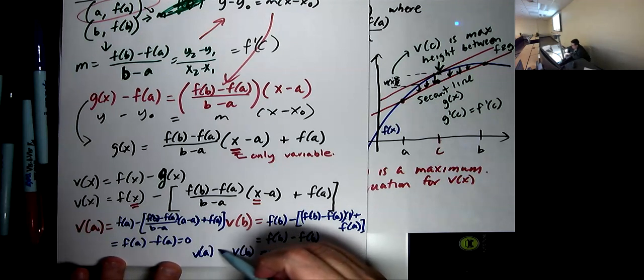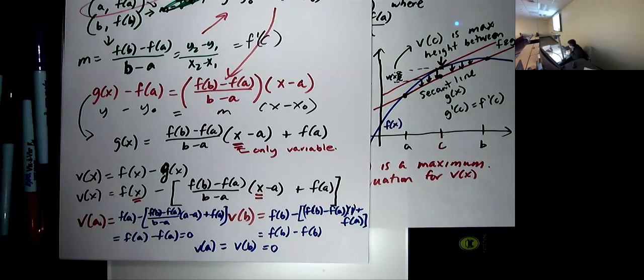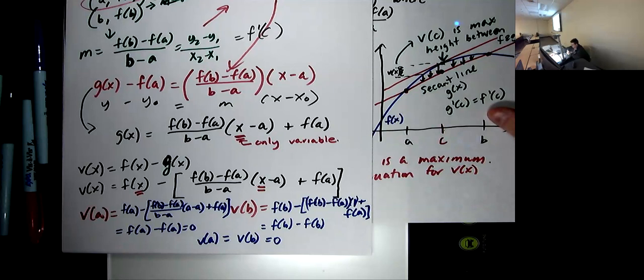So V of a equals V of b, which equals 0. Almost done.